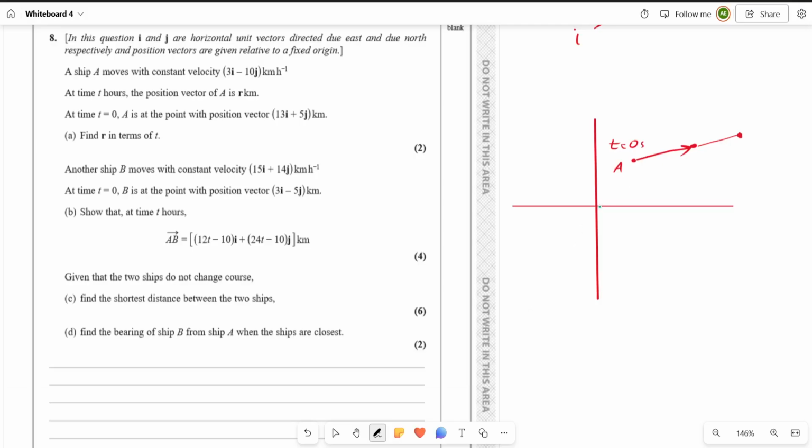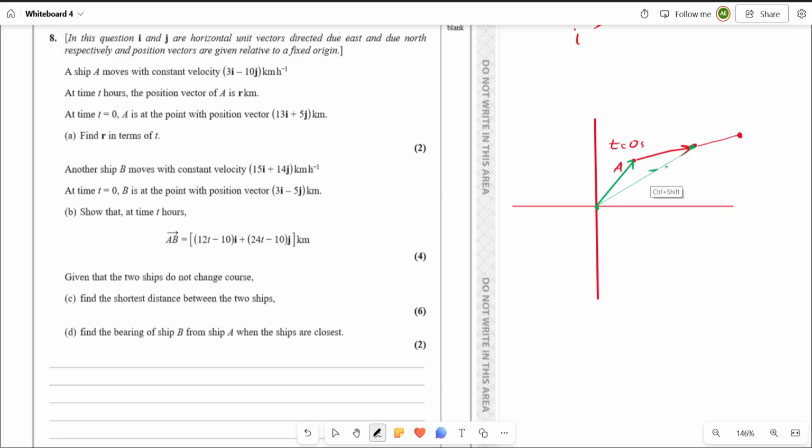The position vector is the vector that tells me the position of A relative to the origin. So at time t equals 0, this was the position vector of A. At time t equals 1, this was the position vector of A. And at time t equals 3, for example, this was the position vector of A. So we can see that the position vector depends on time. So it's a function of time.